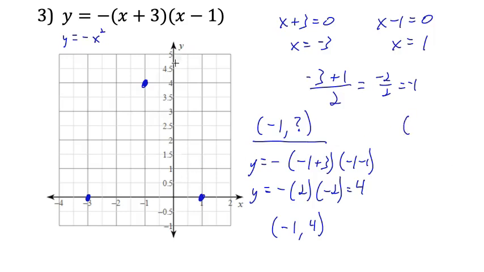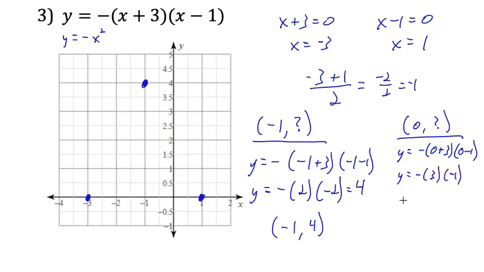So let's find the y value when x is 0. So I'll substitute 0 into this equation for both x's. So we get another point at the point 0, 3.